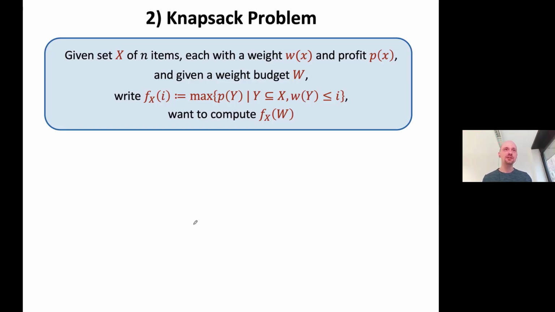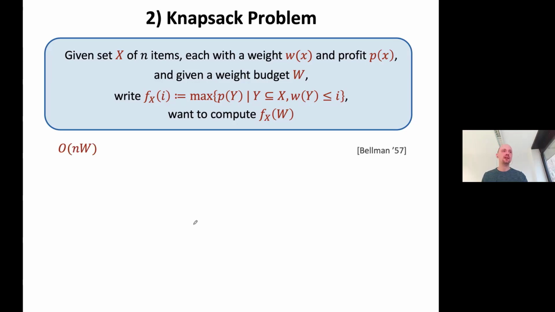We have a weight budget W. And what we want to compute is f_X of W, where f_X of I is the function that for each weight budget I tells us the maximum profit that we can have with weight at most I. So this f_X somehow naturally describes all the optimal solutions of knapsack, and we want to compute the optimal solution with weight budget W.